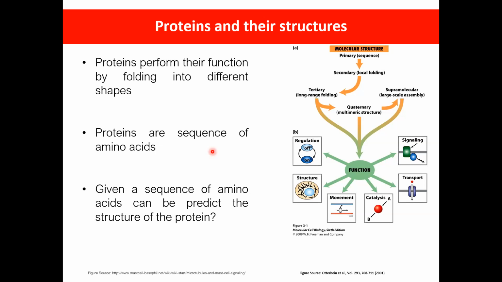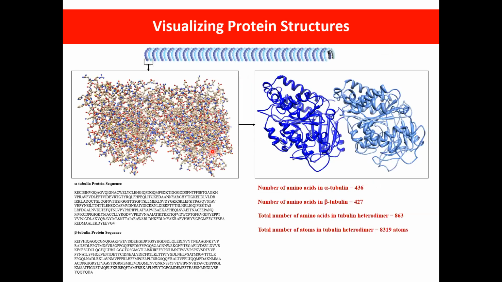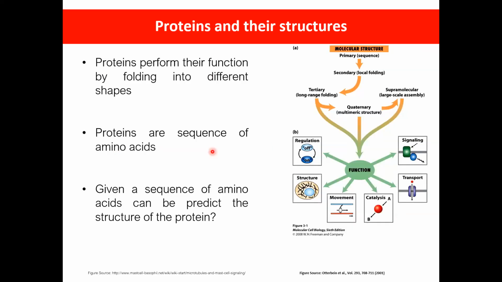But if I give you a sequence of amino acids like this, even by looking at a sequence of, let's say, 20 amino acids, you cannot tell me what the three-dimensional structure of the protein will be. So given a sequence of amino acids, can we predict the structure of the proteins with 100% accuracy?